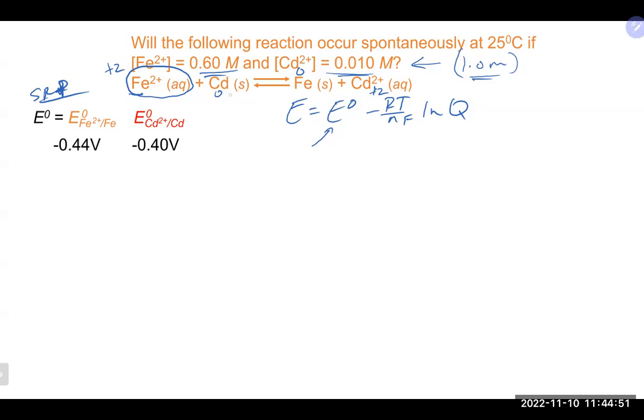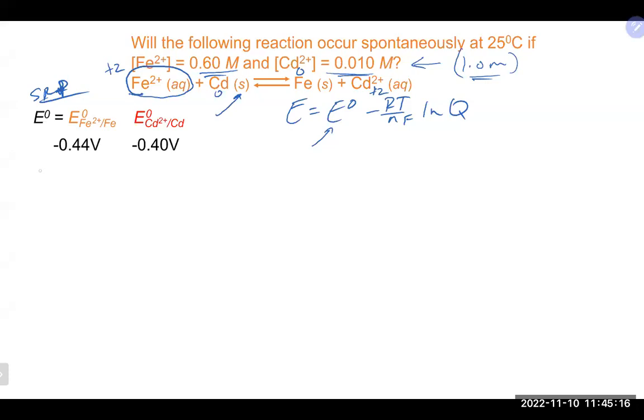Once again, as we talked about a number of times last time, you do need to look at the actual reaction if it's given to you and determine who's being oxidized and who's being reduced to correctly identify your anode and your cathode. If you are not given the equation or any information about how it's occurring, that is when we roll with the more positive one being our cathode. But if you are given it like here, we do need to look at it.